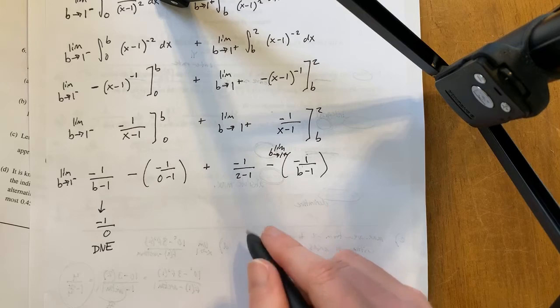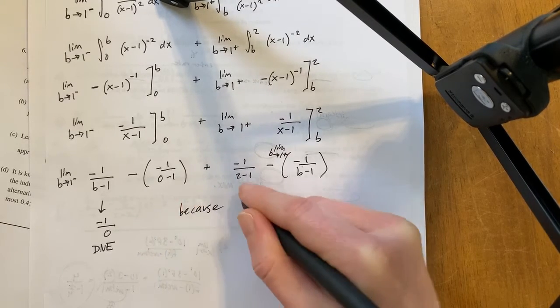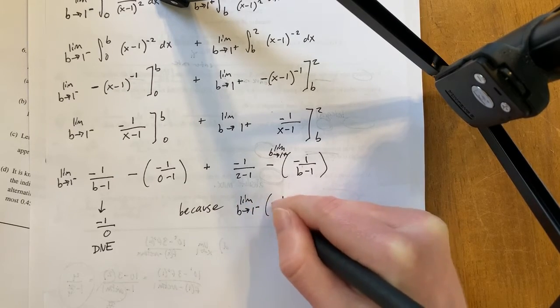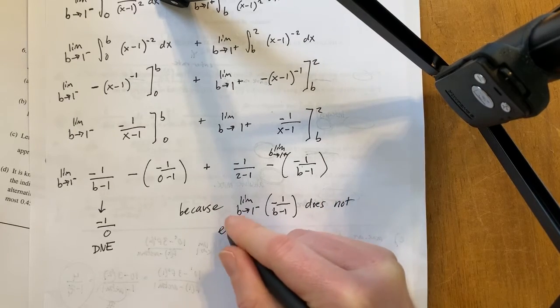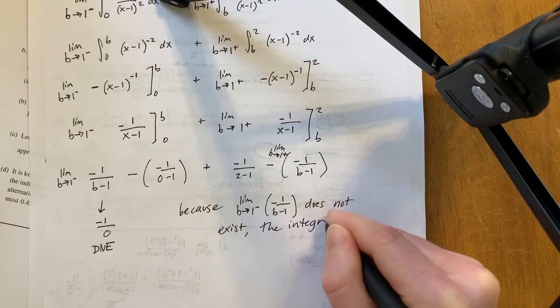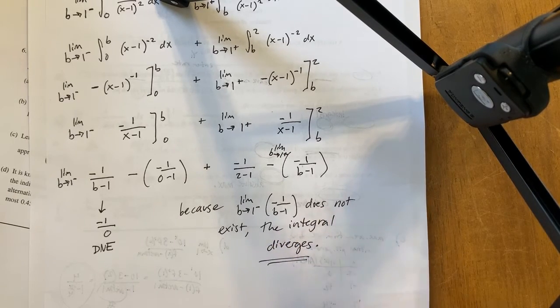So I don't even need to simplify the rest. I can just say, because the limit as b goes to 1 from the left of this does not exist, the integral diverges. And that is my answer.